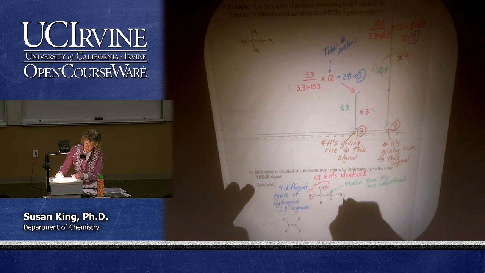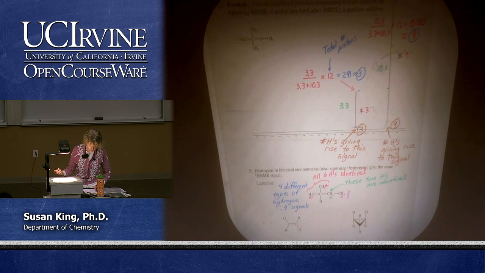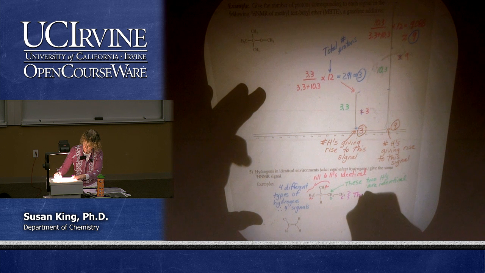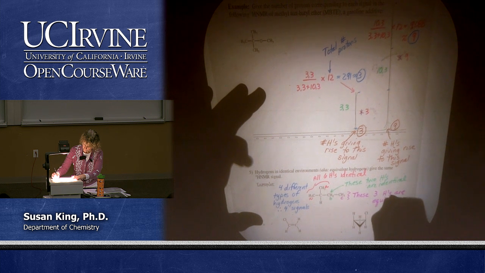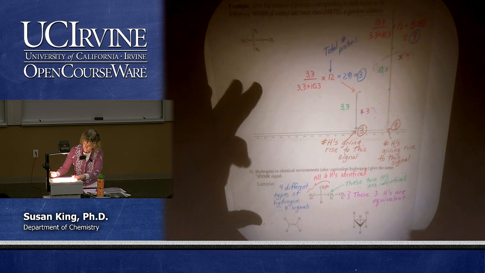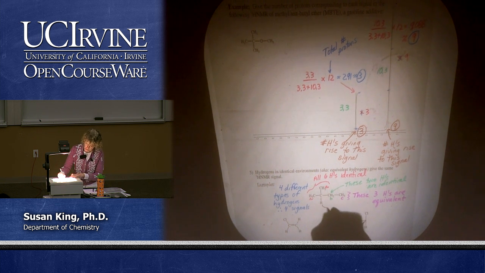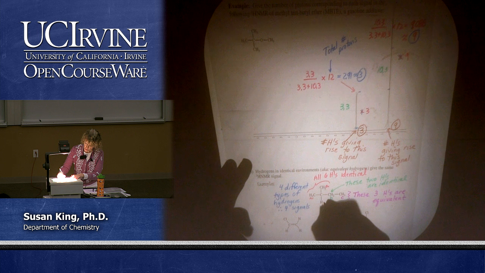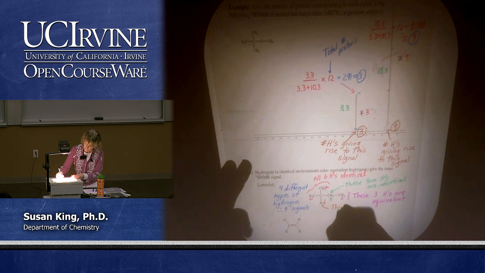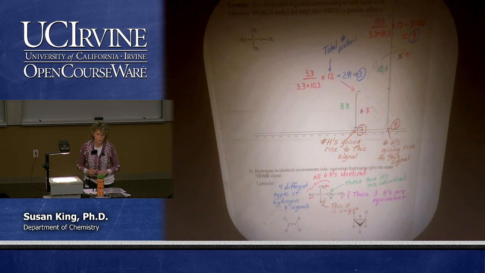And then we'll call these HC. These 3 hydrogens are equivalent. And then this hydrogen here is definitely unique. We'll call that HD. So we have 4 different types of hydrogen, so we will have 4 different signals in the NMR spectrum.